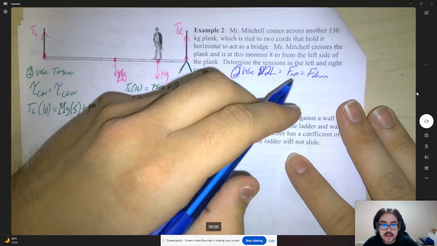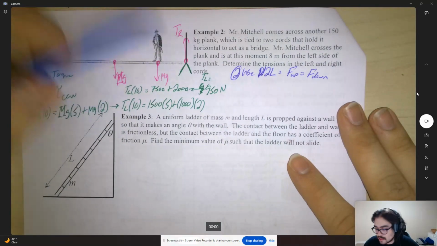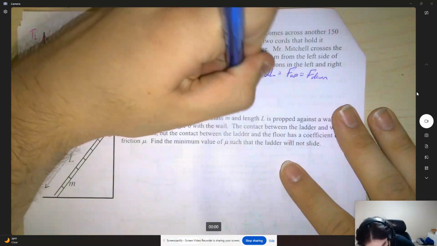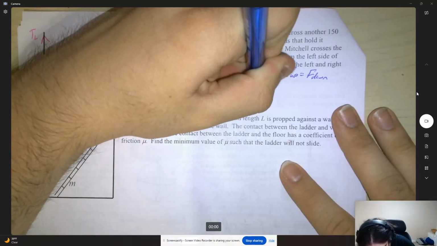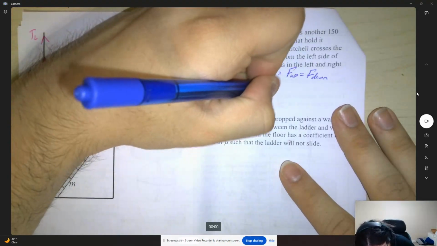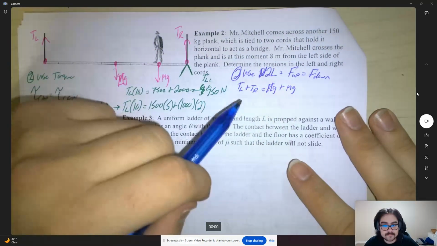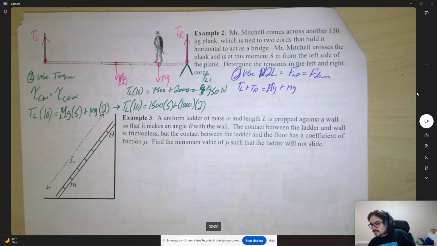My up forces are tension L and TR, and I set that equal to mg. So this is going to be TL plus TR equals capital Mg plus little mg. Now all I have to do is plug everything in here.